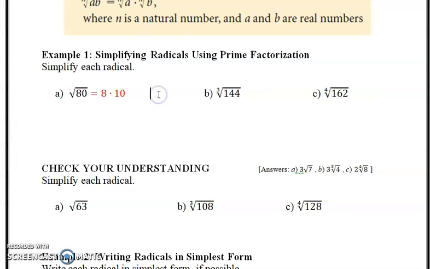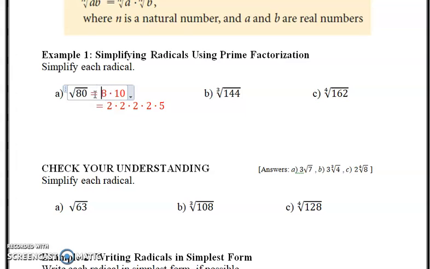To factor, the two quick factors would be 8 and 10. That equals 2 times 2 times 2, and then the 10 would be broken up into 2 times 5.